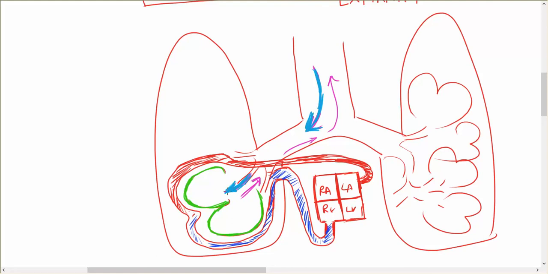So the alveoli get stretched. That is called compliance. The stretching property of the alveoli, the stretching property of the lung, is called lung compliance.